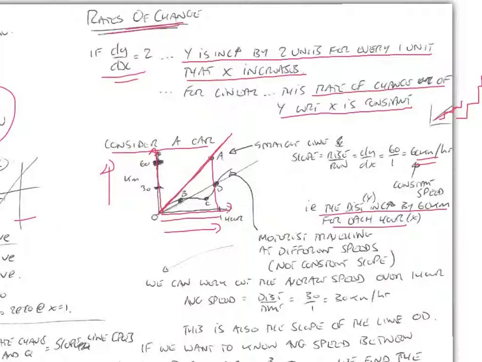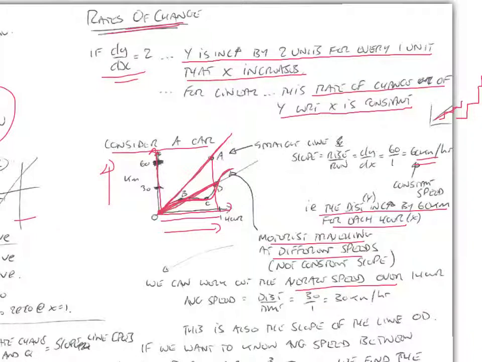Now, that's all well and good, but we don't travel at constant speeds all the time. Most of us travel at different speeds, and that's represented by this curved line here. It's not a constant slope. But we can work out the average speed for this changeable speed over an hour, because from A to D we can find the slope of that line.